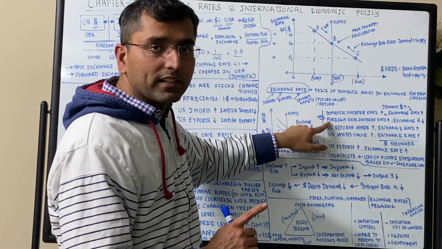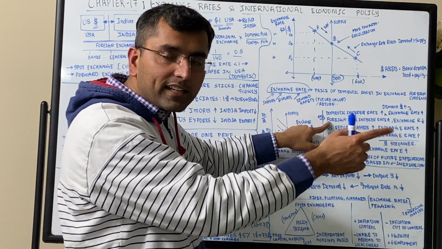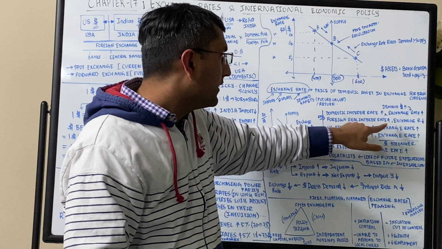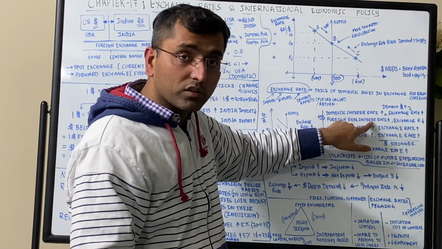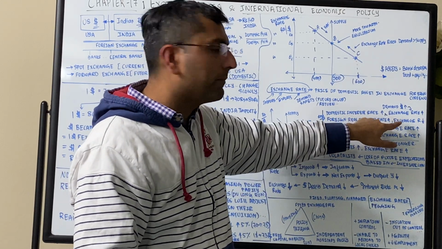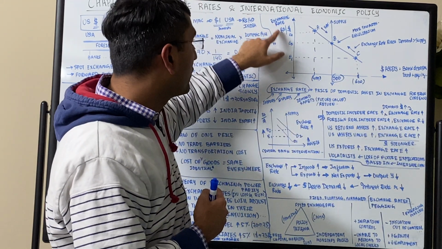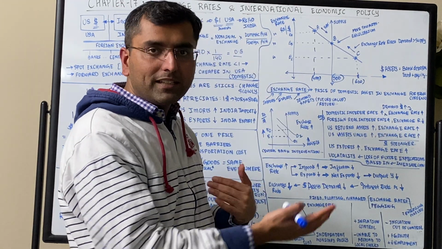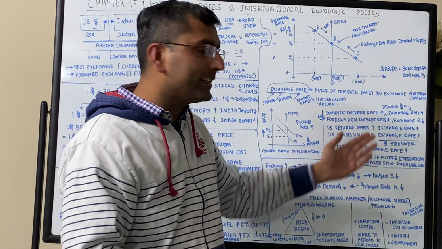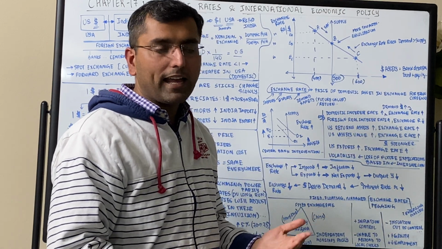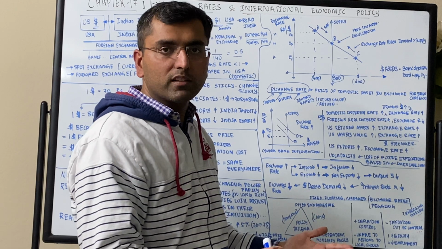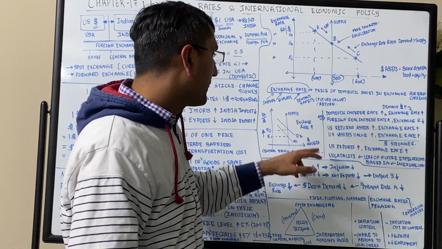Similarly, the opposite: if the foreign country's interest rate goes up, then my exchange rate will go down, right? It's the opposite action. The foreign country is attracting more, saying, hey, I'm willing to pay you more interest, so their demand will go up.